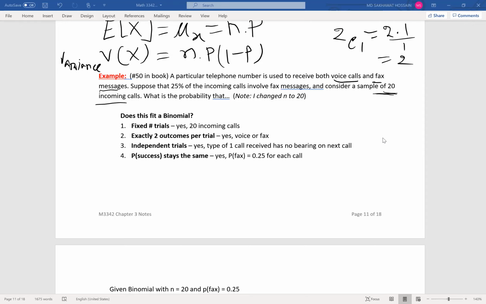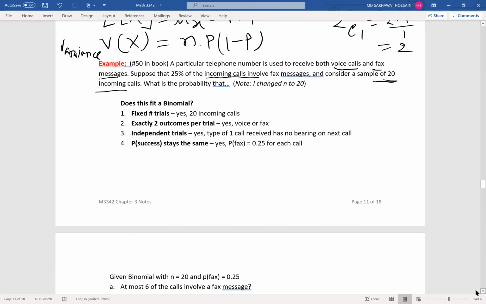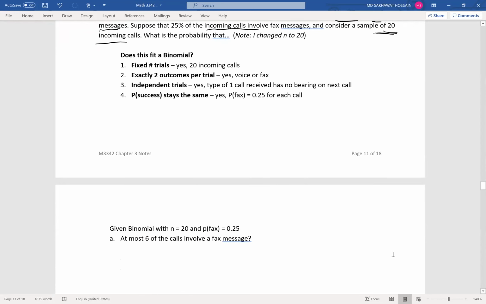So what is the probability of success? Which one will we consider in this case as success, fax messages or voice calls? Sometimes it depends on the question. If in the question you see that we are interested in a specific outcome, that outcome will be considered as success.